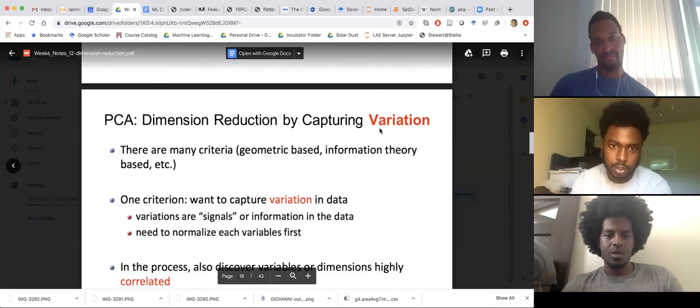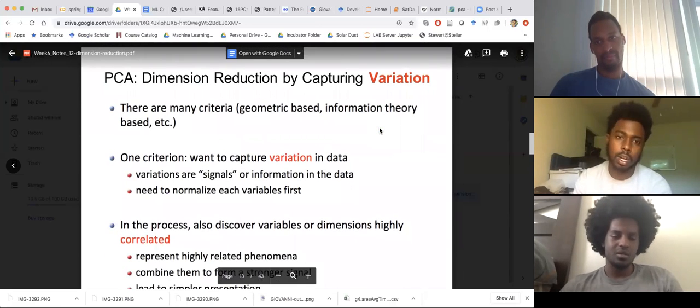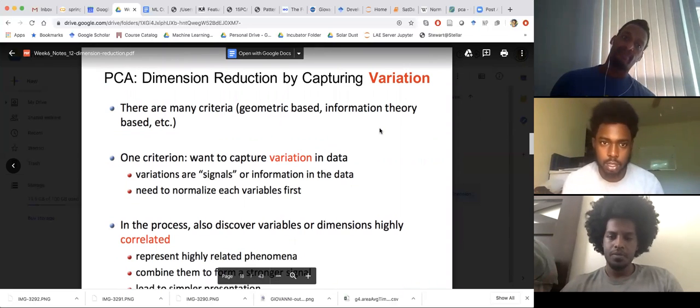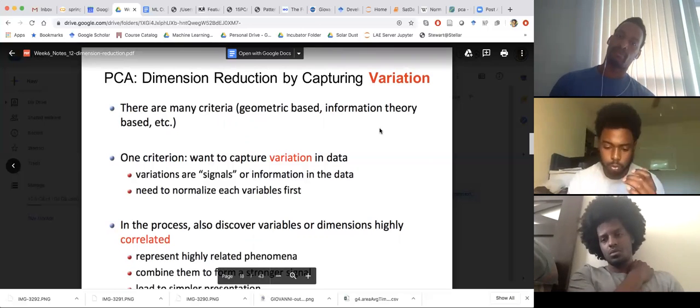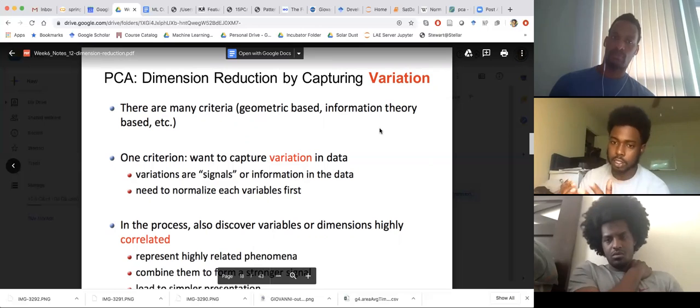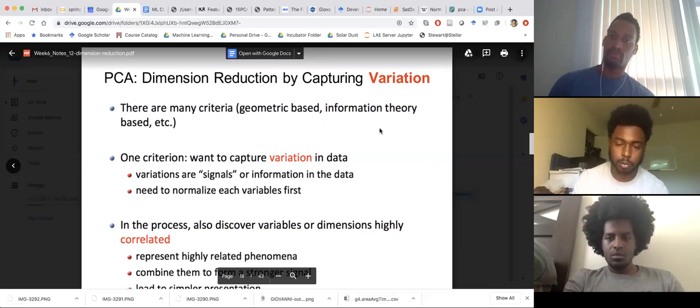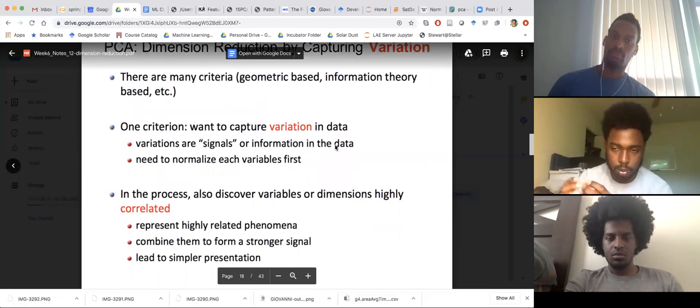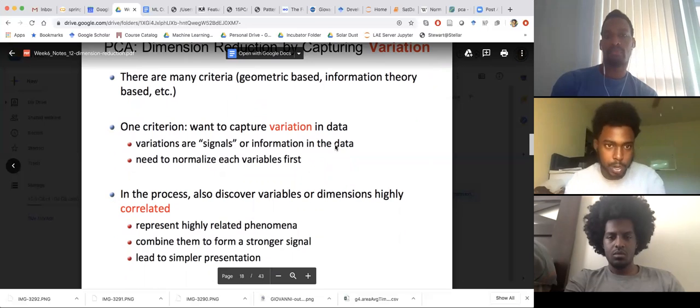So let's start here. One way to reduce dimensions is to capture variation. And this makes sense because, as we learned last lecture, variation is like a stand-in for entropy in some ways. And the higher the entropy, the more knowledge or information is captured. So if we try to capture the variation in our data set, we're trying to capture as much information in as few dimensions as possible.